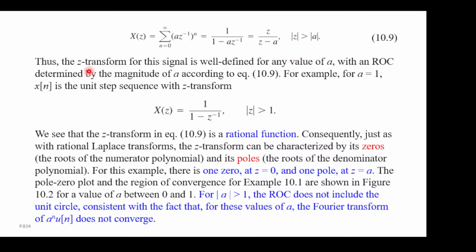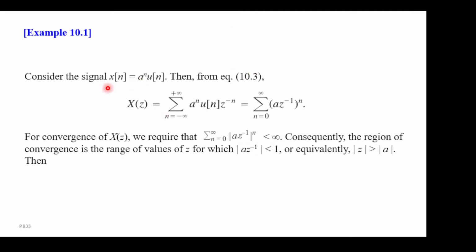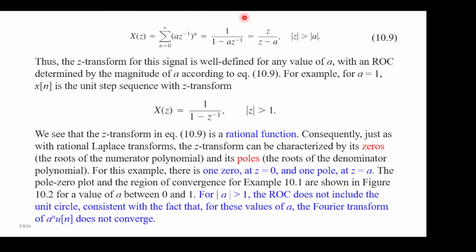So even though we take the exponentiating of the s, right? So we say z equal to e to the s, and then we do the transform of this exponential decay function. It still gave you a rational function of z. As you see here, if you multiply the upper side and the lower side both by z, then you get z over z minus a.